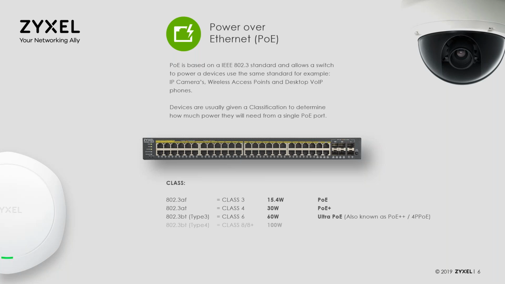And also there aren't many switches around that can actually support a BT standard. And usually when you have a BT powered device, you use a power injector just particularly for that device due to the high power consumption of it.